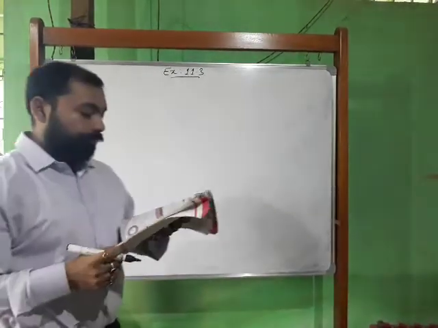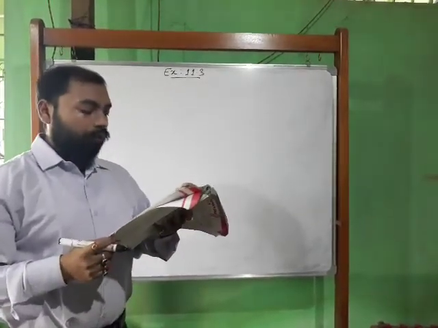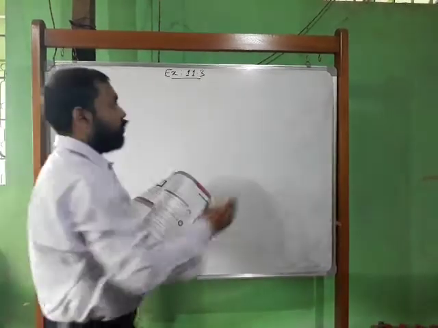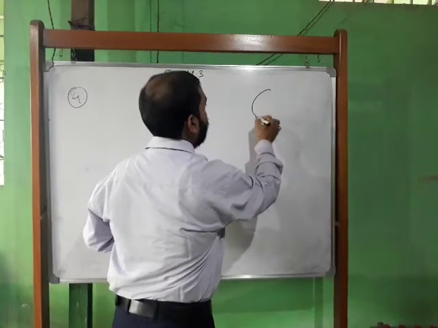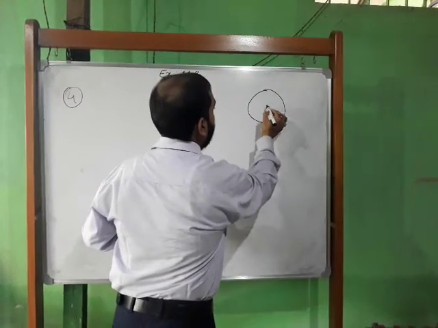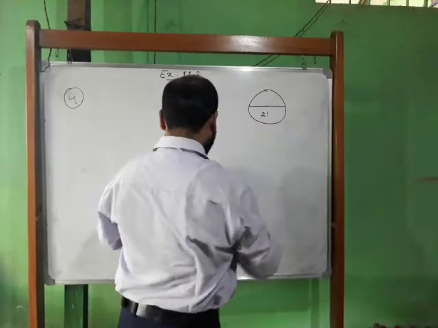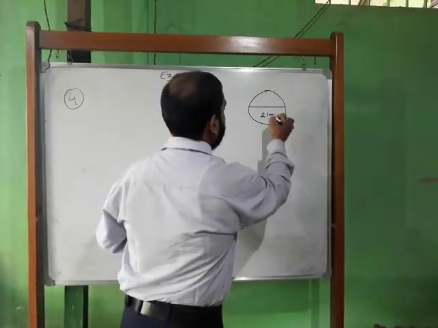So the question is, a gardener wants to fence a circular garden of diameter 21 meter. So it's a circular garden, and it is given the diameter is 21 meter.